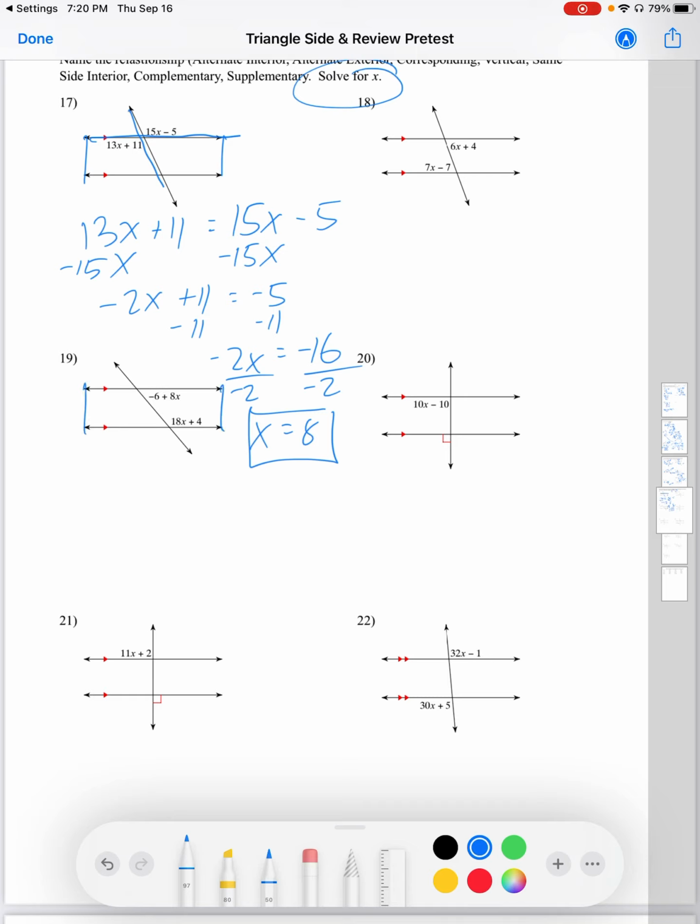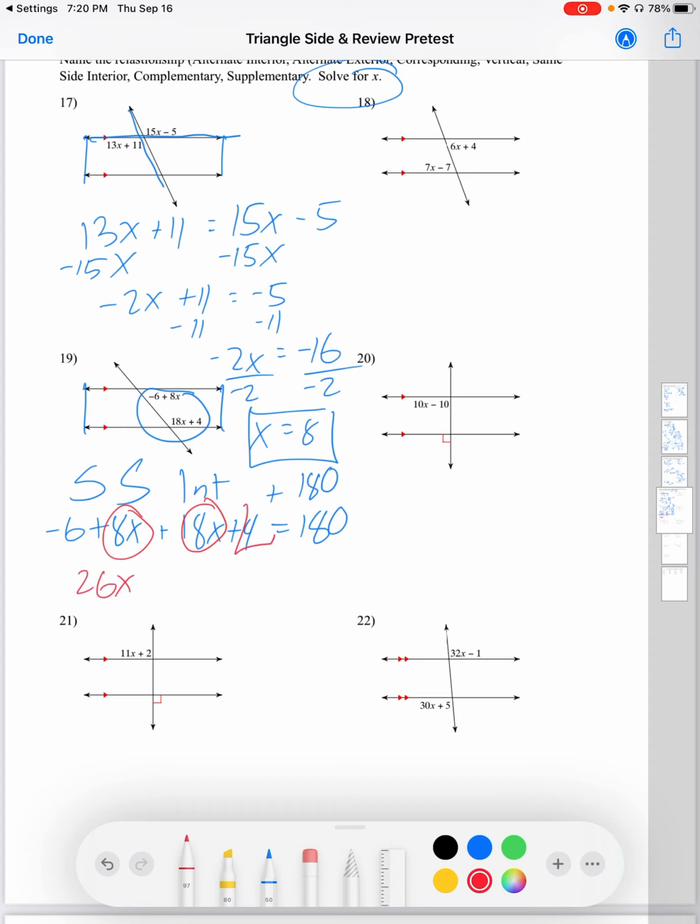Here, draw our house. Same side interior. Those add to 180. So negative 6 plus 8x plus 18x plus 4 equals 180. Combine like terms. 8x and 18x gives me 26x. 4 and negative 6 can be added.